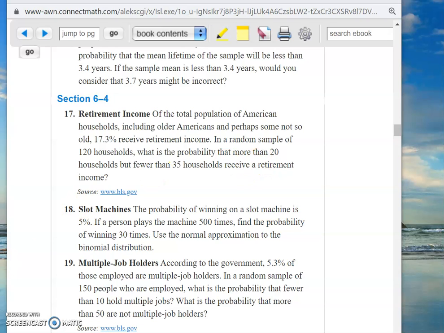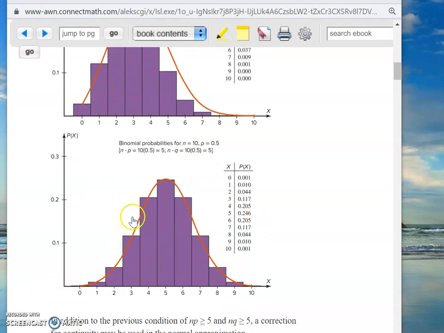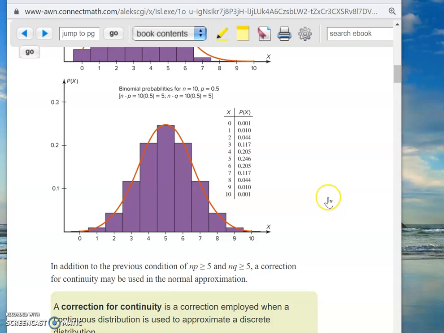Okay, so let me take a look at the problem. You see the problem, obviously. Give me 1 second here. Just real quick, the concept is that this normal distribution is getting pretty darn close to the binomial distribution, so we can use the normal distribution to do the approximation.